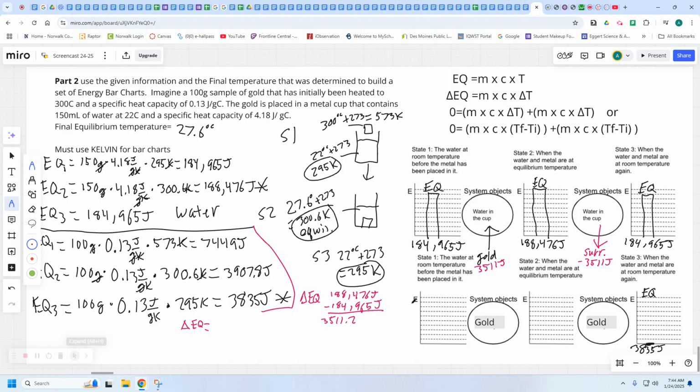So let's build the bar charts first, and then we'll do the change-ins. So in state 1, we've got 7,449 joules. State 2 is a little bit less. So state 1 and state 2 are slightly more than state 3, but yet they're tremendously less than the water's 180-some thousand.